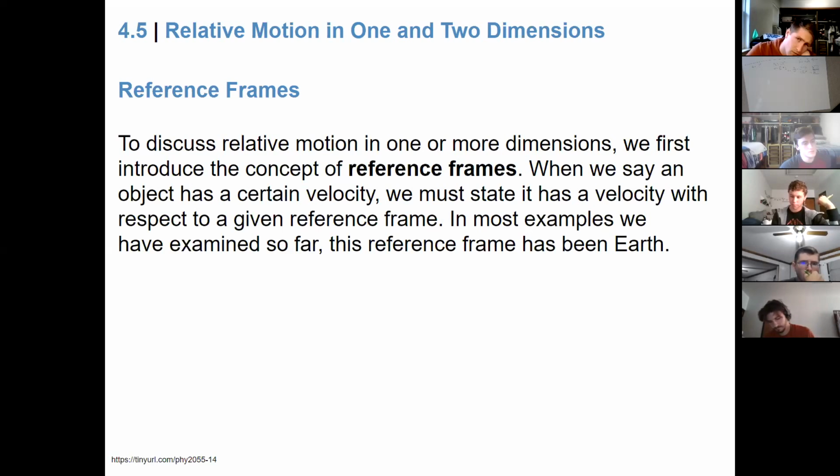Earth is a good frame of reference because every object we've talked about is small compared to the Earth, and we are moving along with the Earth, so it's relatively stationary.